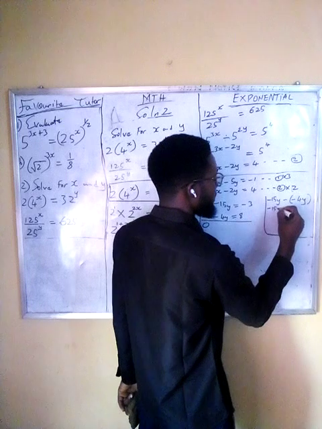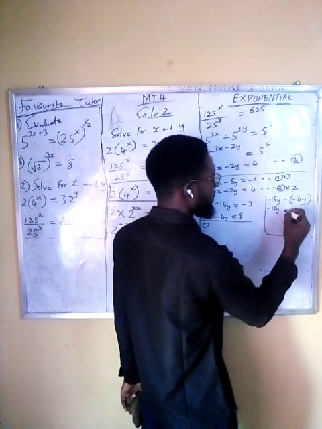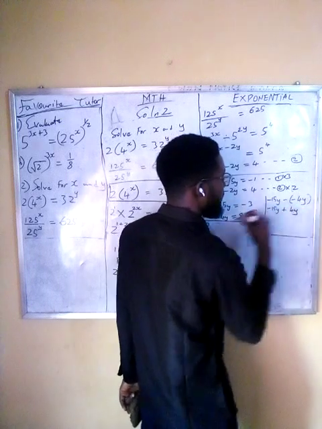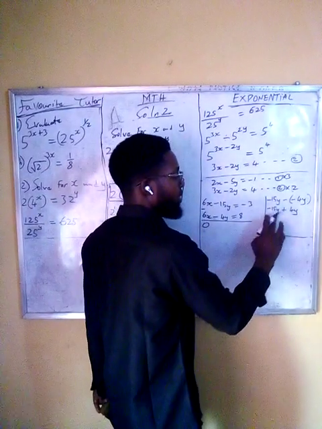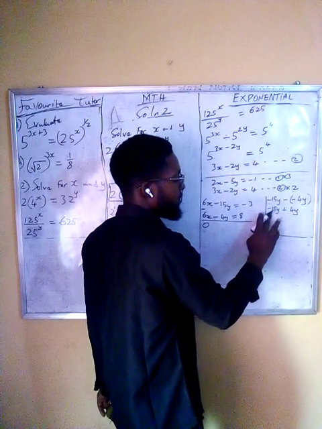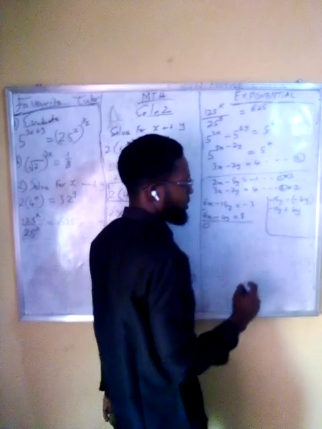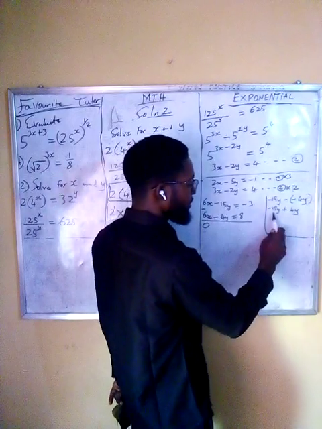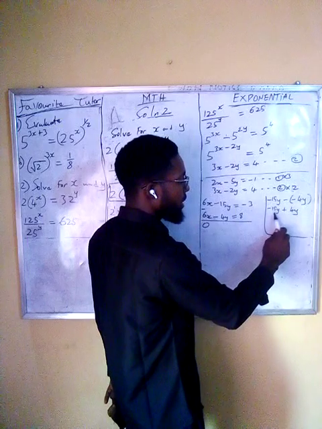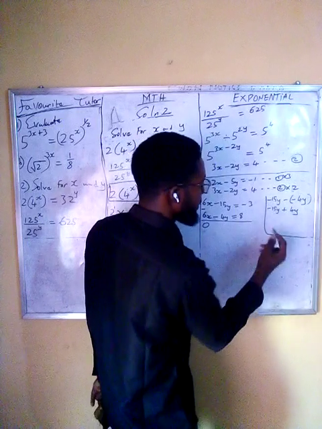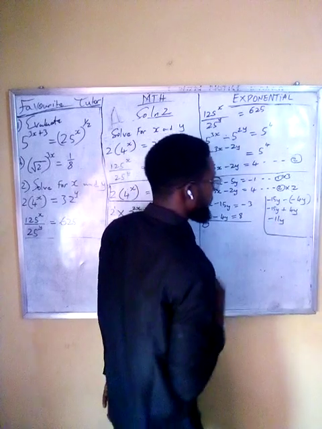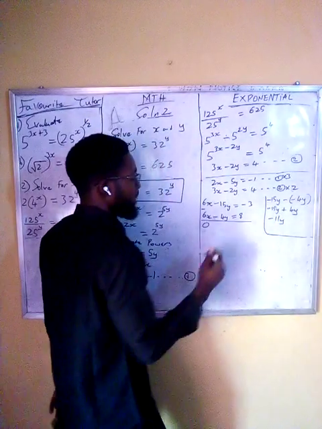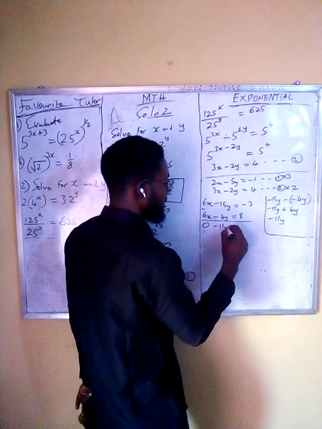This is minus 15y, and minus times minus is plus, so plus 4y. Are you with me? Minus 15y you are owing, plus 4y is what you have. If you pay, what is left that you are owing is 11y. So this is minus 11y.